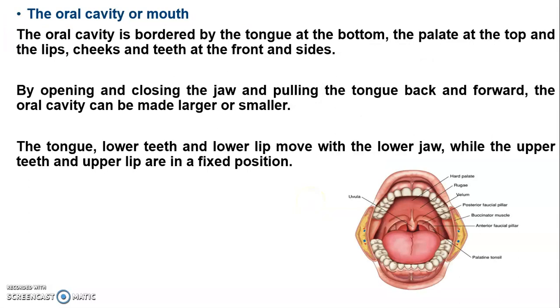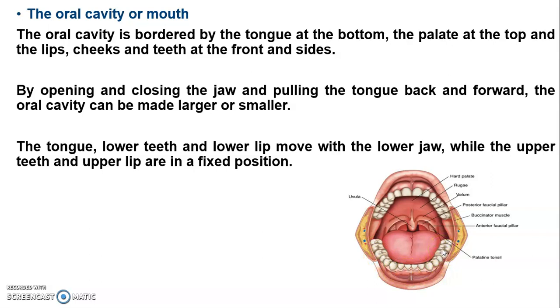The oral cavity or mouth is bordered by the tongue at the bottom, the palate at the top, the lips, cheeks, and teeth at the front and sides. So we have the upper lip, upper teeth, lower teeth.